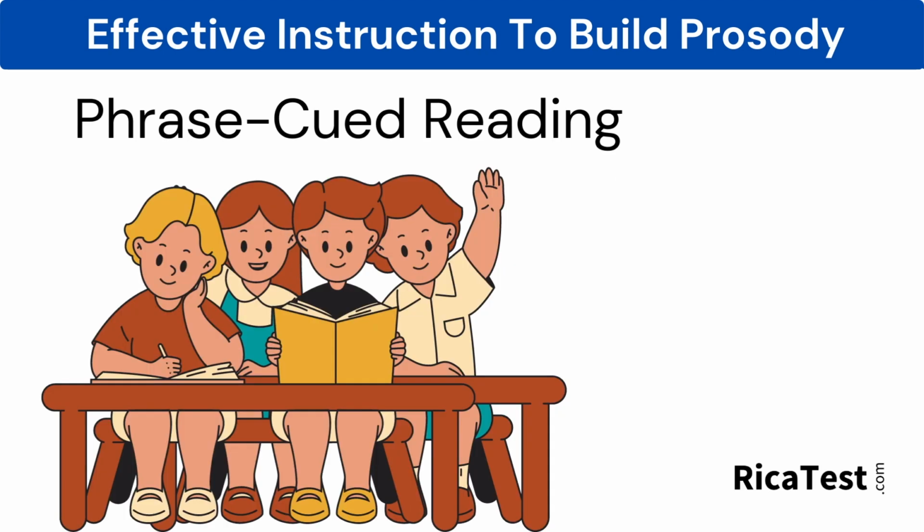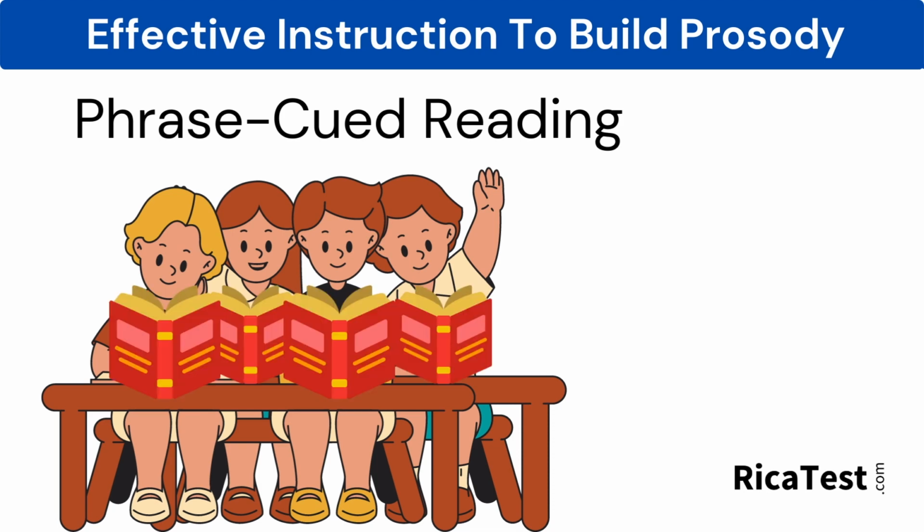Remember, that's expression. The first step is where the teacher creates small reading groups based on sharing the same independent reading level. The teacher then provides the small group of students with the same text, which should be around the same length, somewhere between 50 and 200 words, depending on grade level and independent reading level.